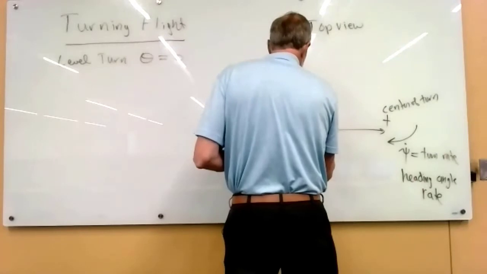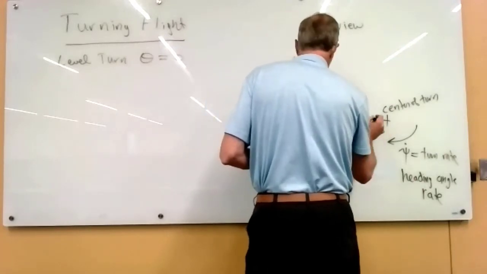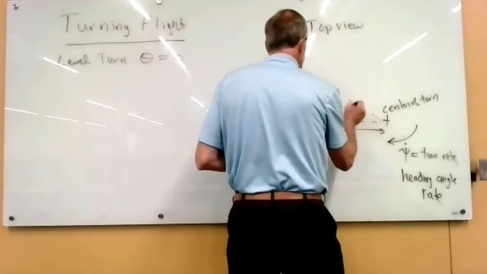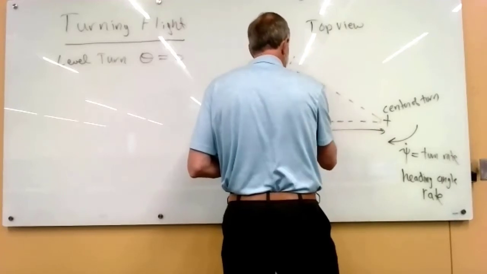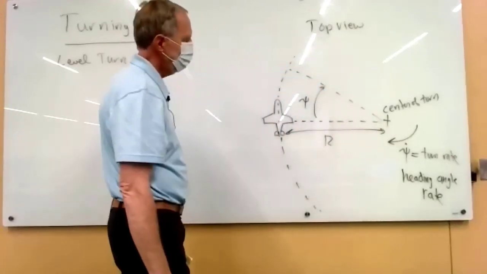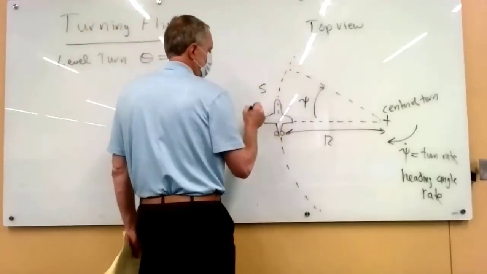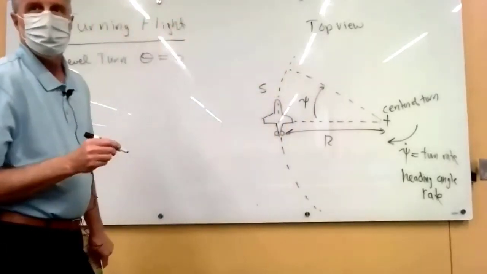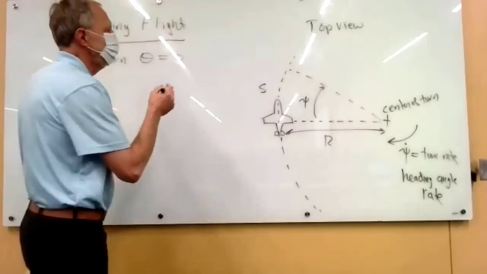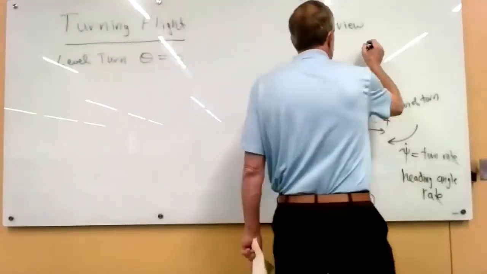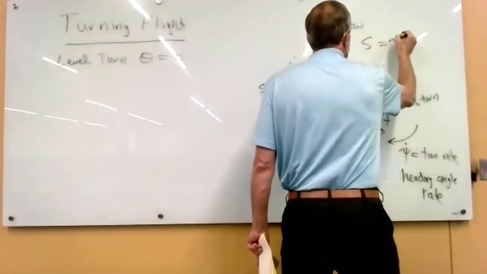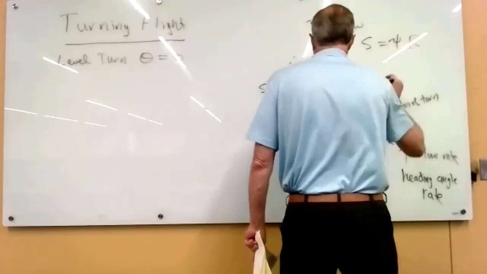If the airplane goes through an angle psi, and the arc length here is S, then by definition of an angle in radians, the arc length is equal to the angle times the radius.